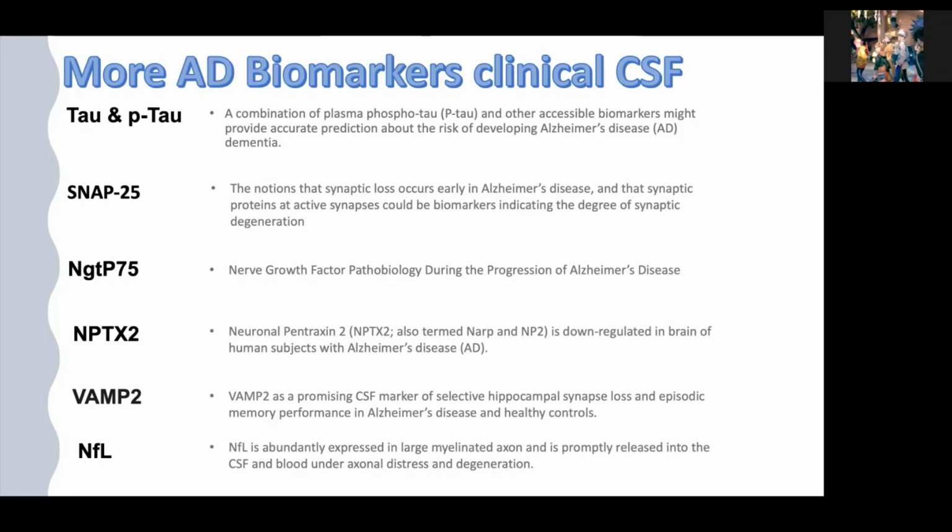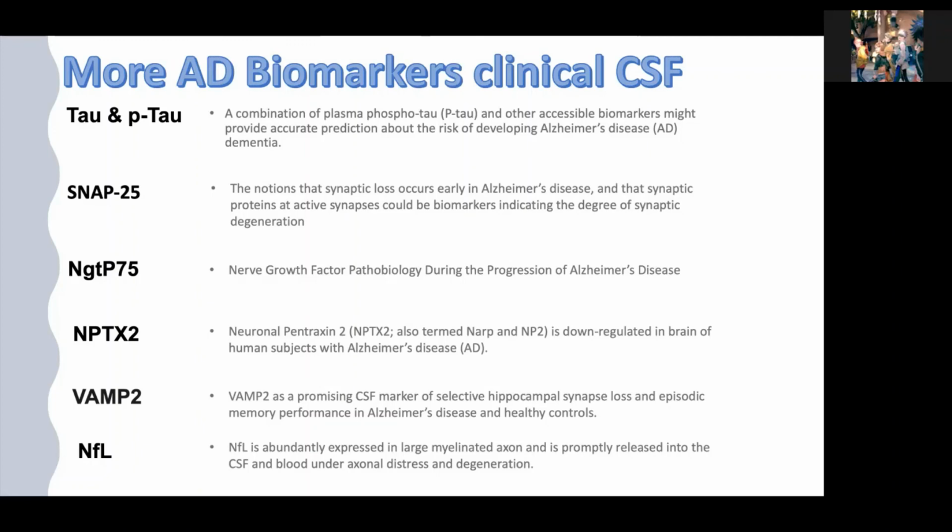Not much I can get out of it, maybe need more research on this, but it does help to identify or diagnose Alzheimer's. And NPTX2, neuronal pentraxin 2, is downregulated in the brains of human subjects with Alzheimer's disease. Another one, VGF, is a promising CSF marker of selective loss and memory performance in Alzheimer's disease and healthy controls.